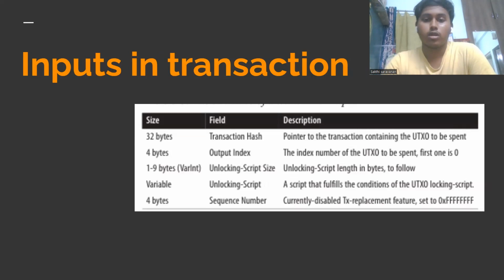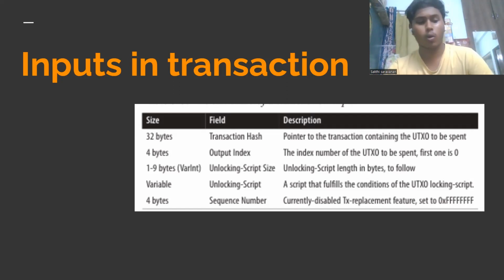An input transaction consists of the following fields. Here, a transaction hash will be pointing to a UTXO that is going to be spent now. If Alice is going to send to Bob, Alice will have an unclaimed transaction output from a previous transaction that she currently owns.